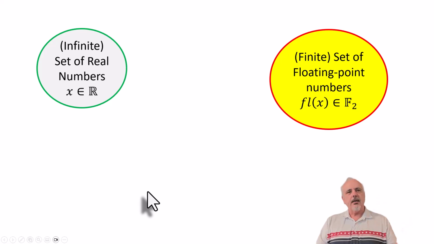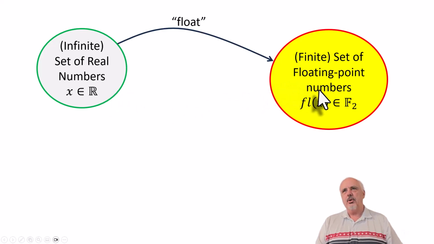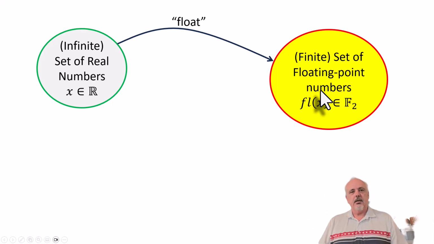All right, so we're talking about an infinite number of real numbers, and we're going to map that onto a finite set of floating point numbers. It's always a finite set, no matter how fine, even when we go to binary floats, there's a finite set of floating point numbers that you're going to have. That's called floating it.